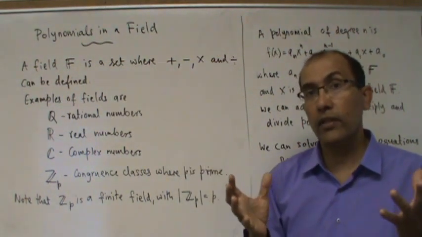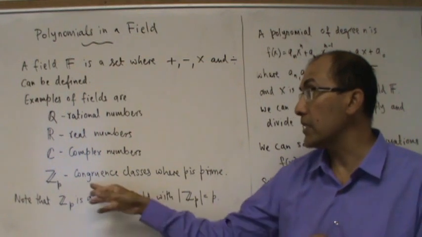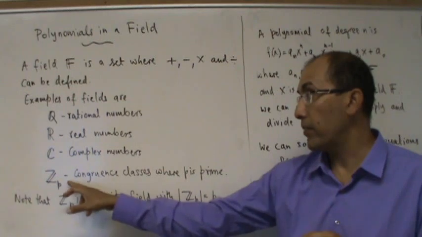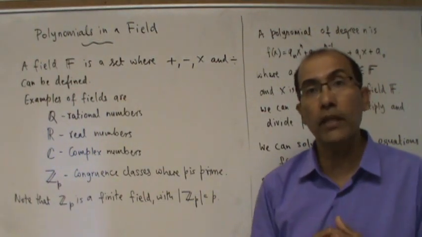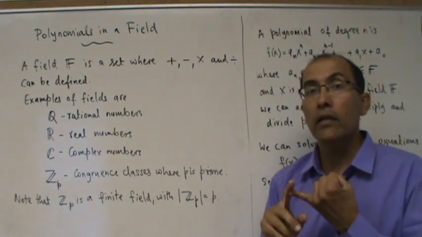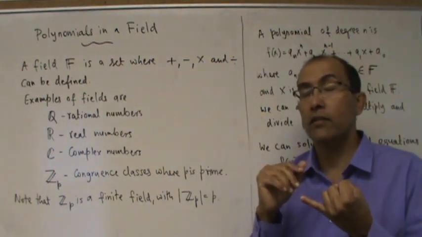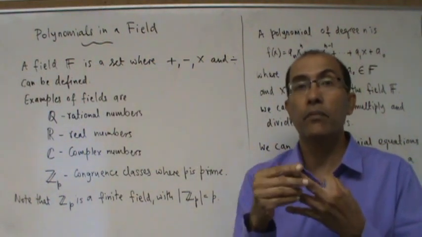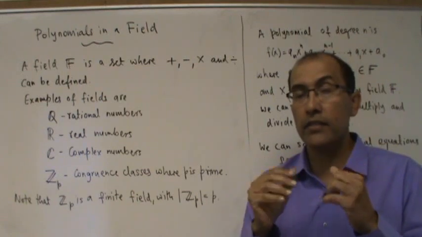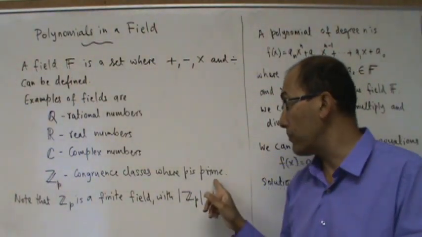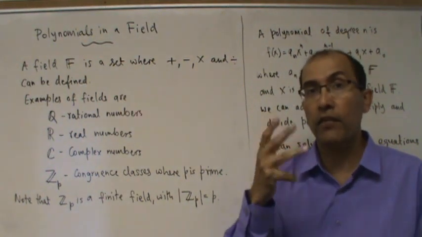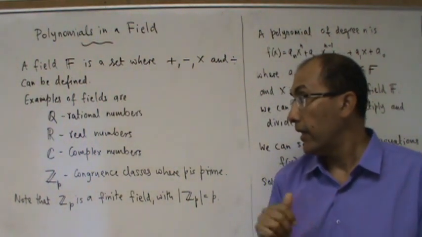And during this course of lectures we also found the congruence classes modulo p, where p is a prime. If p is a prime, then I can add, subtract and multiply congruence classes, and I can also divide, meaning find the inverses. So Z_p also becomes a field because I can define my 4 operations on it.